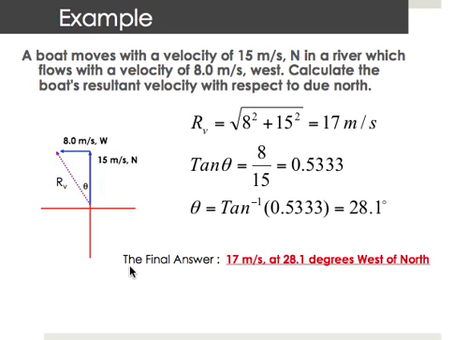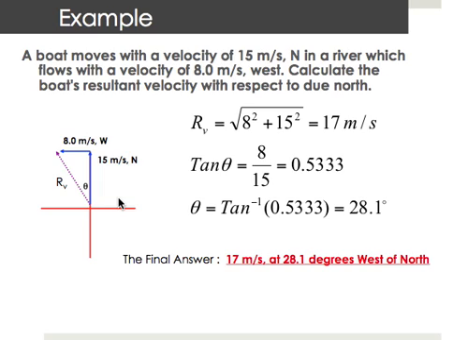So again, we are going to apply the Pythagorean theorem. The resultant velocity, expressed as the purple dotted line here, is equal to the square root of 8 squared plus 15 squared, and the answer is 17 meters per second.